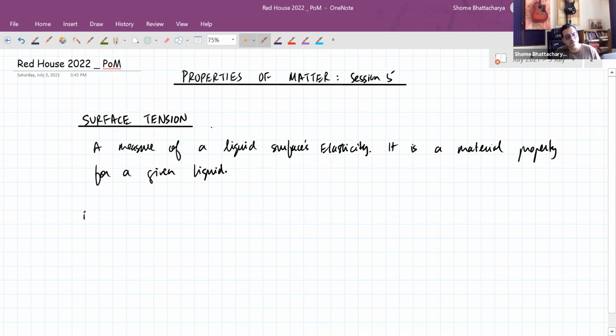So first, let's understand surface tension and force.